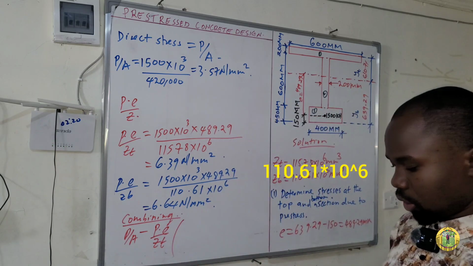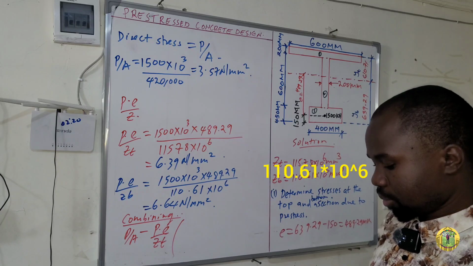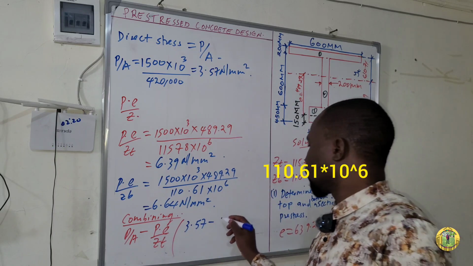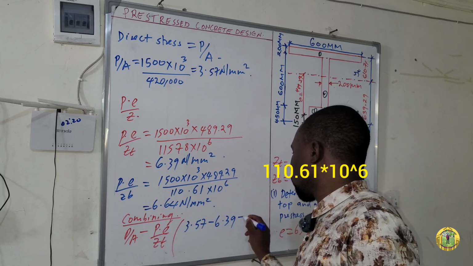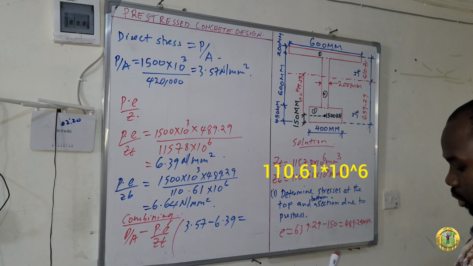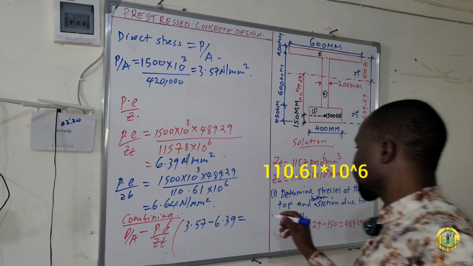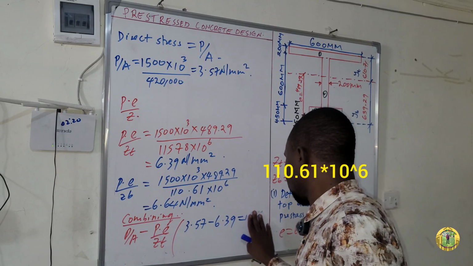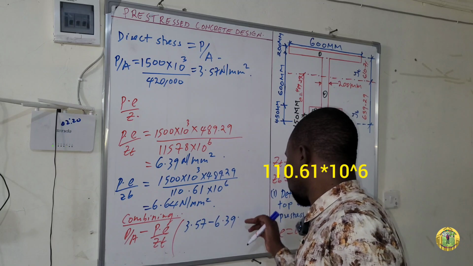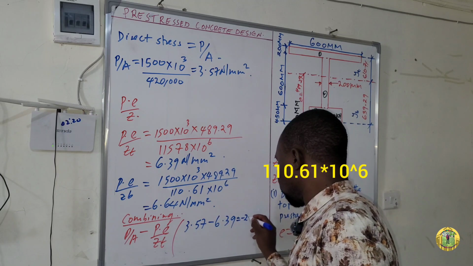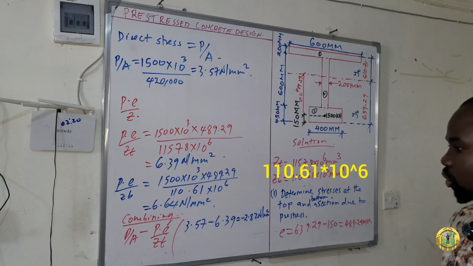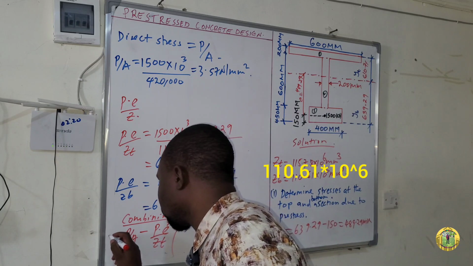So P over A is 3.57 minus 6.39. The answer is negative 2.82 Newton per millimeter square. So this is for the top.